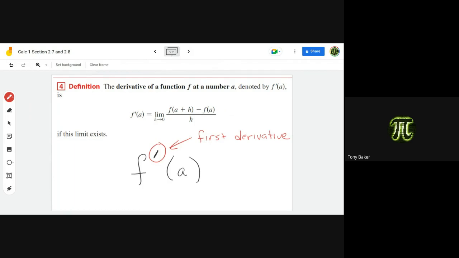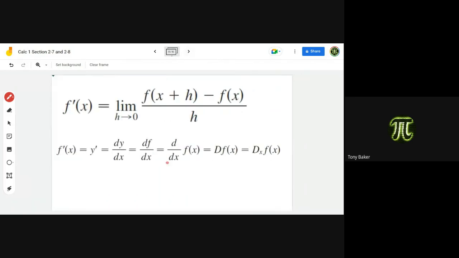So f prime of a is the first derivative. You can also see it in all those other ways. They all mean the exact same thing.